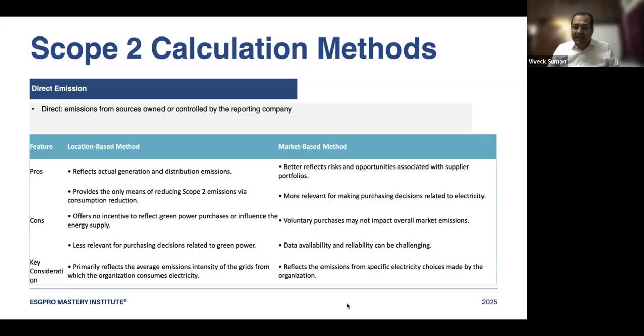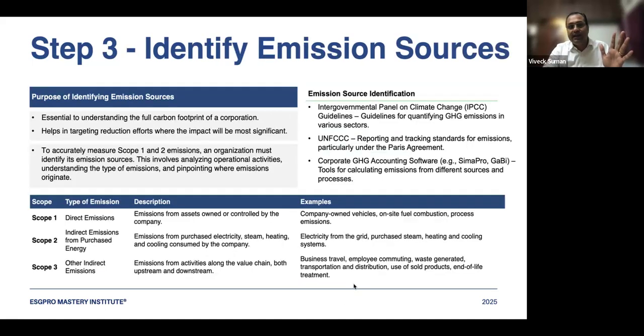Because first availability है, दूसरा मैं conscious हूं. इन दोनों का अगर मेरे को डिसीजन लेना है तो मार्केट बेस्ड करूंगा. If I am considering my intensity is the only game, कि how much carbon dioxide I am emitting through energy purchase or from the fossil fuel or from the grid divided by revenue, then in that consideration I will be doing location based. Clear?